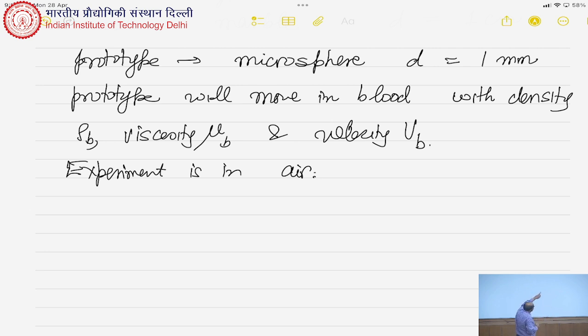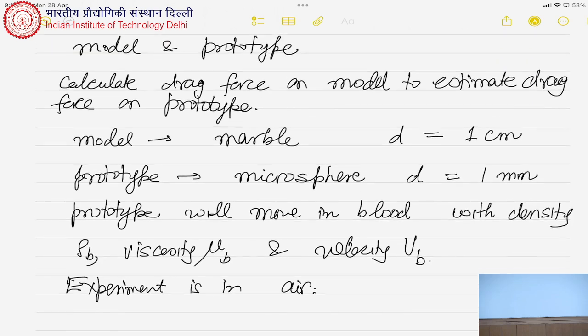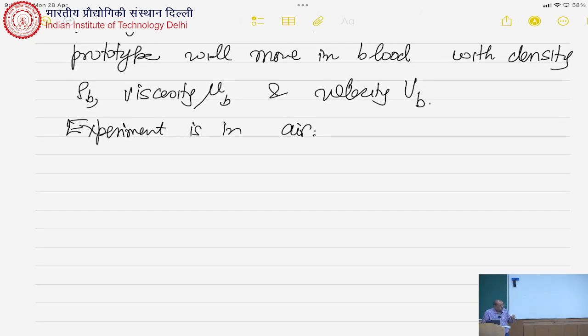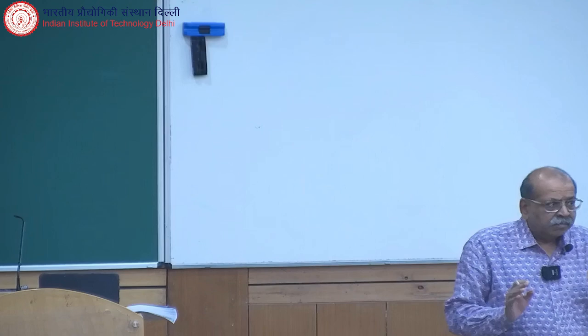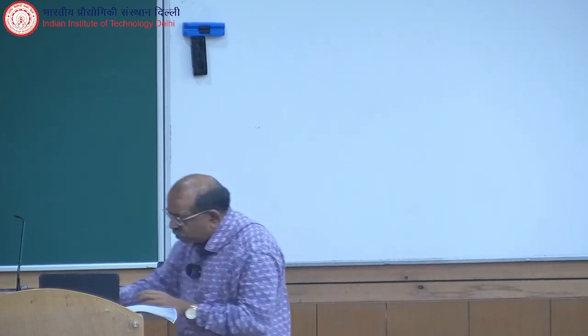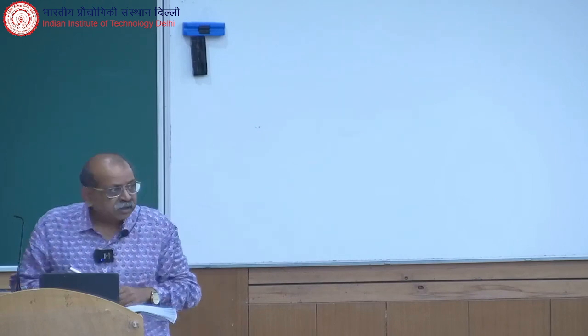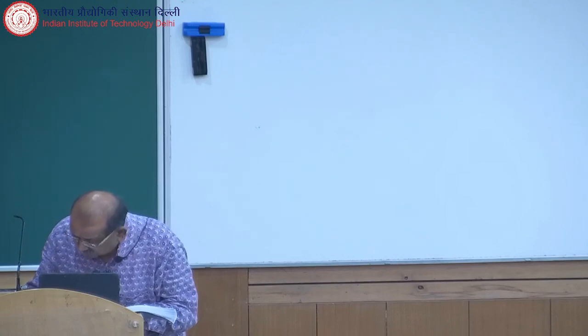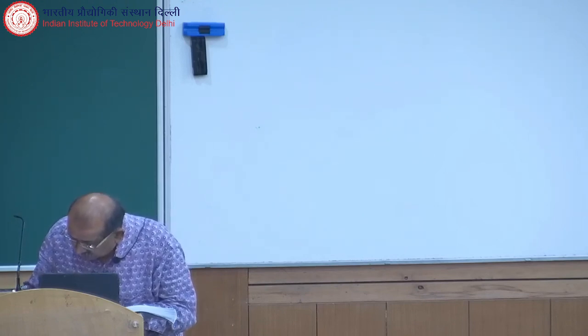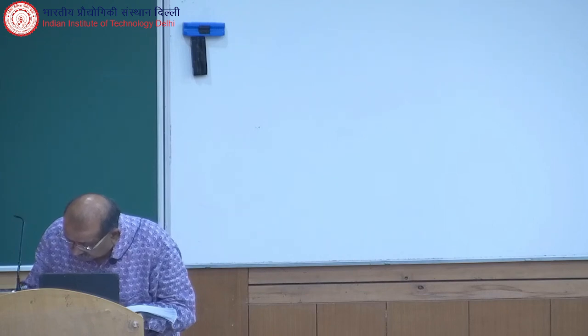So now, given this, the first thing you'll have to do is, if we have to have the same results, you will carry out the experiment in air, measure the drag force in air. But for this, the first thing you have to do is rho blood, V blood times diameter of the prototype divided by mu of the blood. This will be equal to rho air, V air, diameter of the model divided by mu of the air.